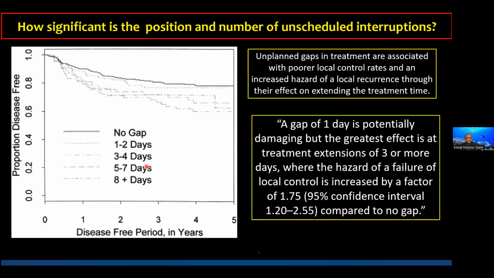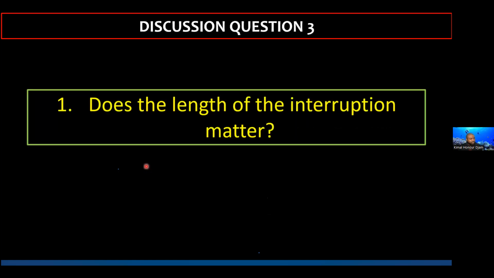But the study also indicated that gaps in treatment have a detrimental effect on the disease-free period. Now, a gap has a slightly greater effect than an increase in the prescribed treatment time, and any gap in treatment is potentially damaging. Those were the conclusions. The position of the gap in the schedule was shown in some patients to not be important, but in other patients to be important, which was a little bit more contradictory.